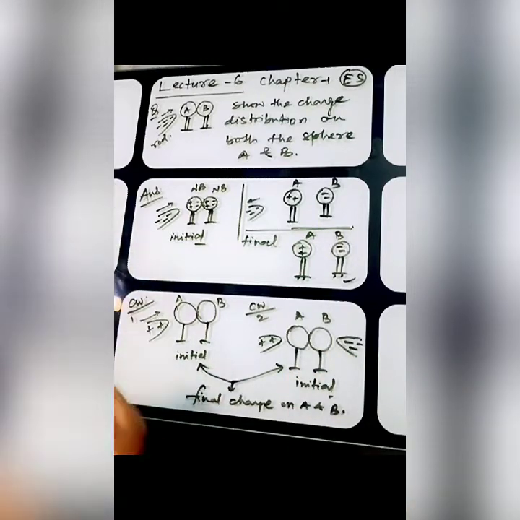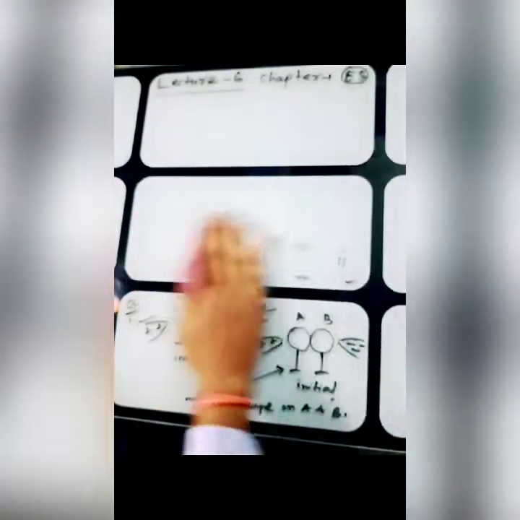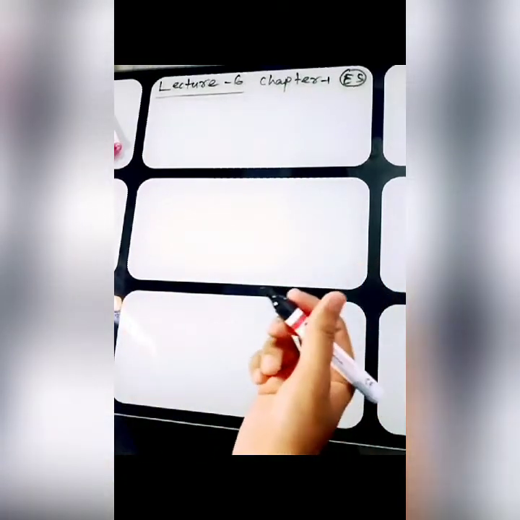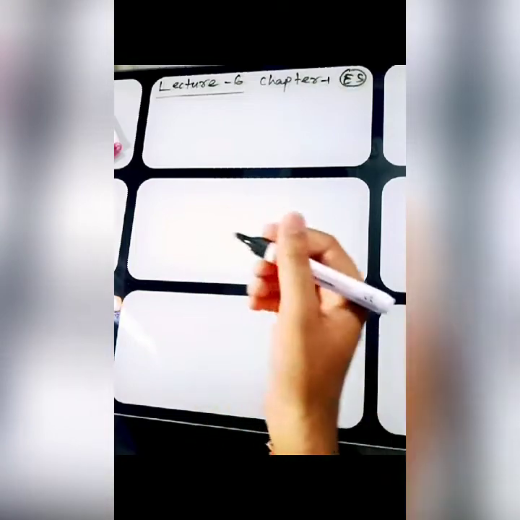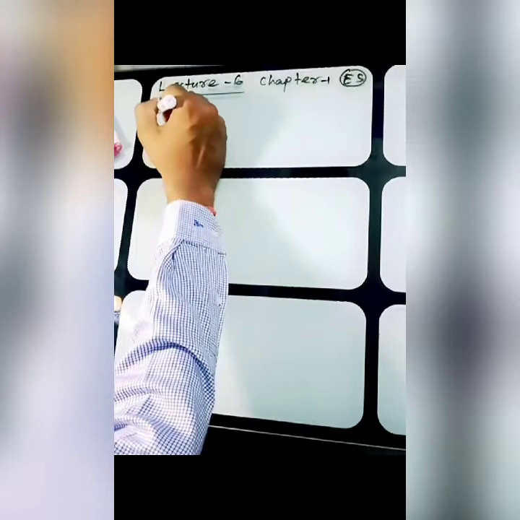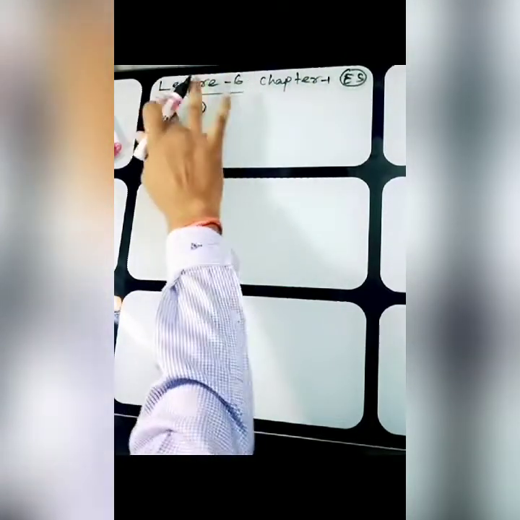Would you like to have some more interesting questions on this topic, students? Okay, one more. I'm giving you some interesting situation. Another question, this is your classwork. Now this will be your assignment.